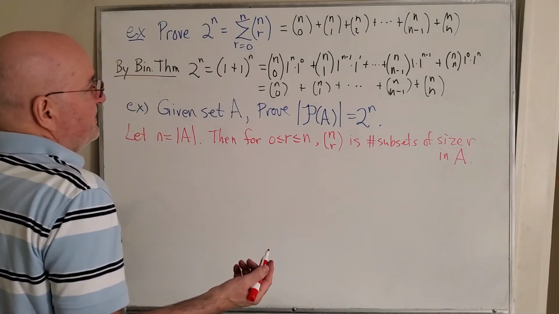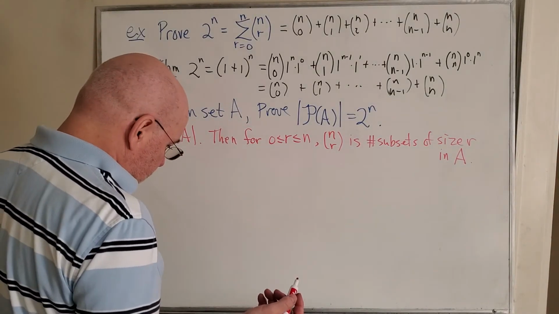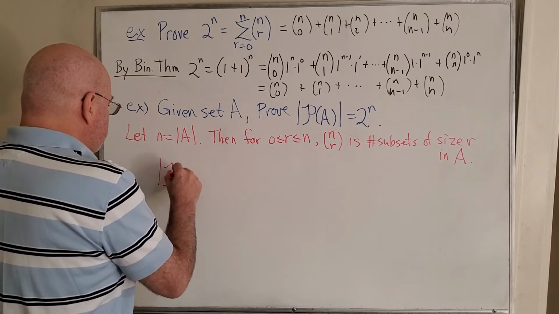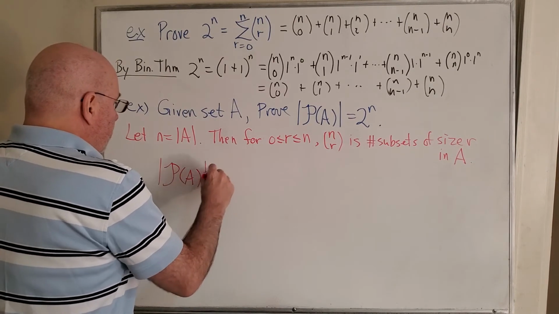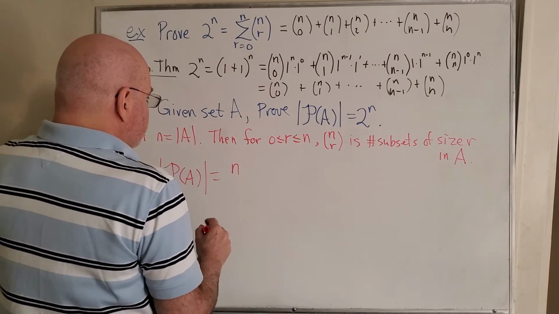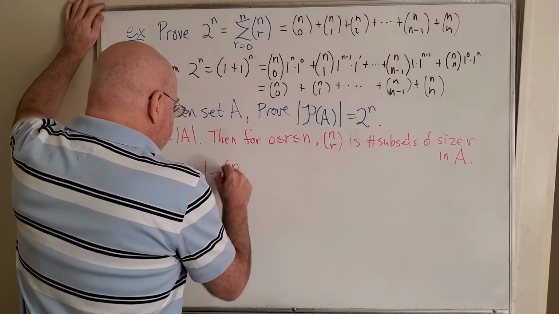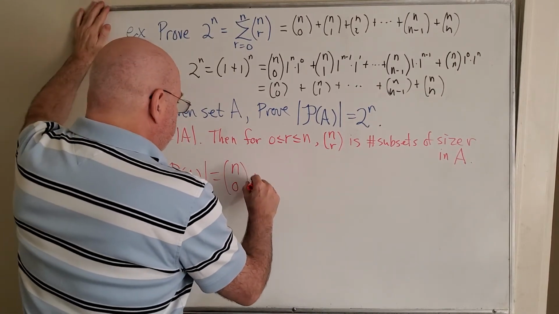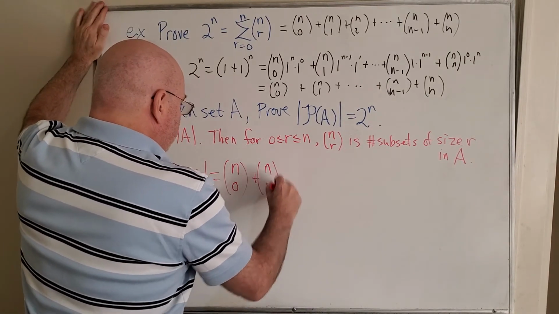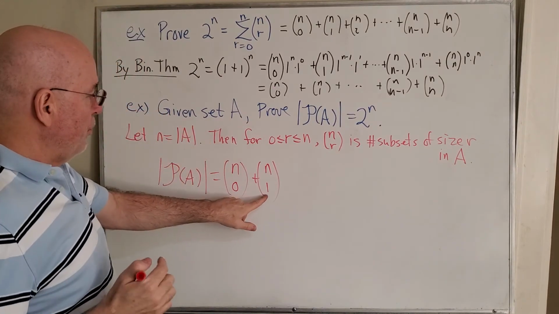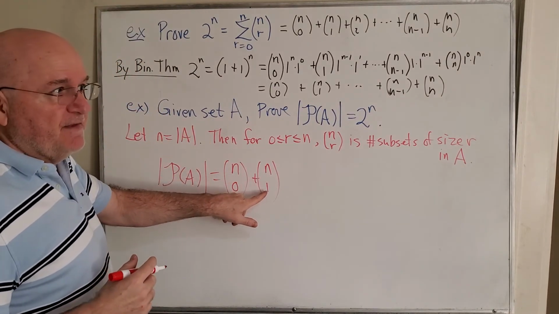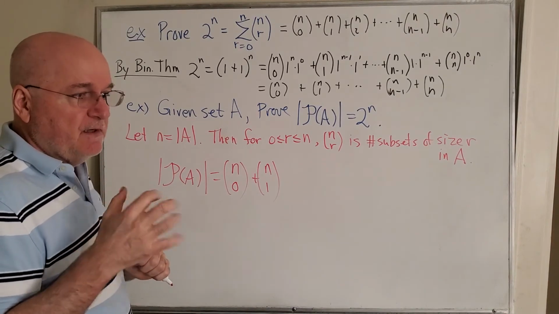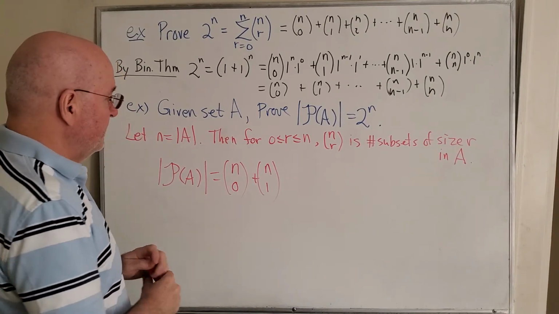So, by using the above, we could say that the number of elements is equal to the number of subsets of size 0, which there would be 1, that would correspond to the empty set, plus the number of subsets that have 1, that would be n. If you have n elements in A, you can choose them one at a time in n different ways.